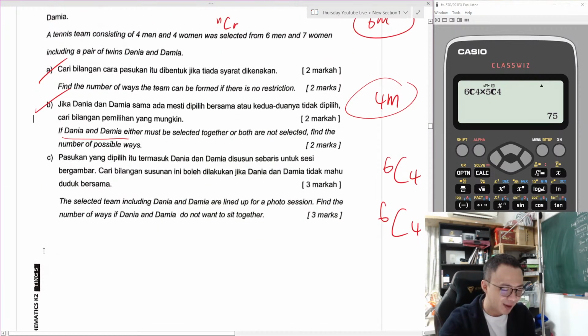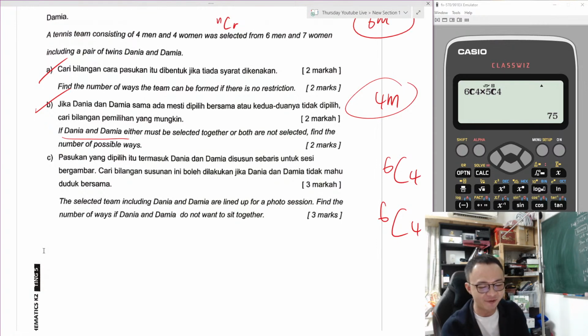Alright, so okay, then part C, the selected team, including Dania and Damia, are lined up for a photo session. So over here, whenever you take a photo, as I say many times in my video, taking a photo is always a permutation. Why?